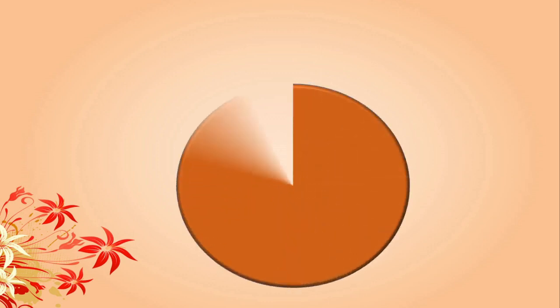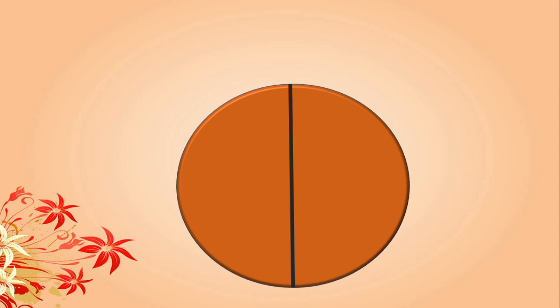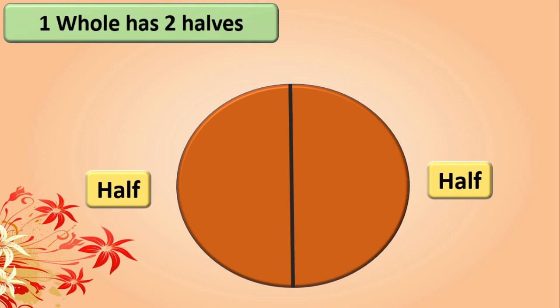The next thing is here. This is one whole circle. Now we will divide this equally into two parts. You can see here, isn't it? Now each part is called half. Means we got two halves from one whole. Correct? Now the same circle we will divide into 4 equal parts.